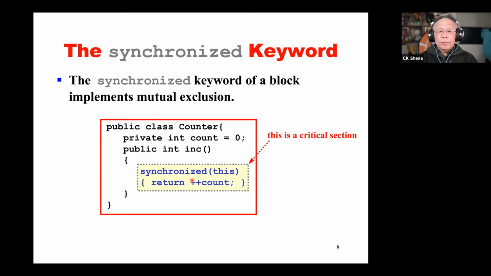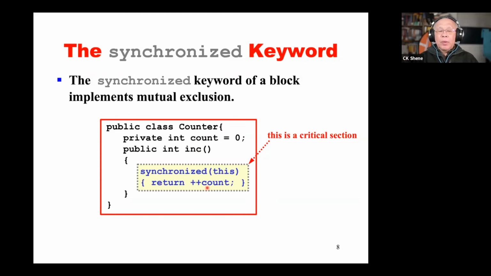Here, in this class, we have a count private variable. Every time we call inc, we try to add 1 to it. But we can only allow one thread to either increase or decrease this variable. Therefore, we synchronize this method here and return the value.